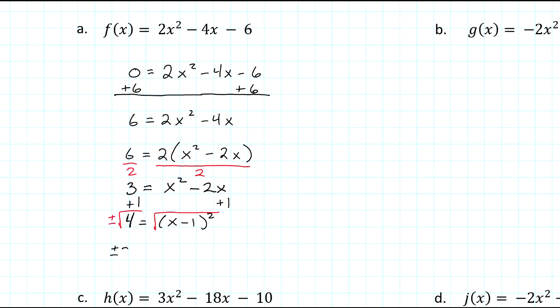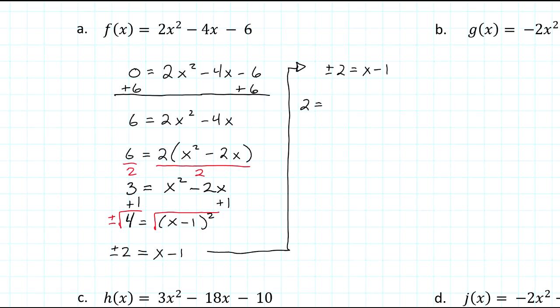So we end up with plus or minus 2 equals x minus 1. I'm going to break this into 2 separate equations. I have 2 equals x minus 1, or negative 2 equals x minus 1.